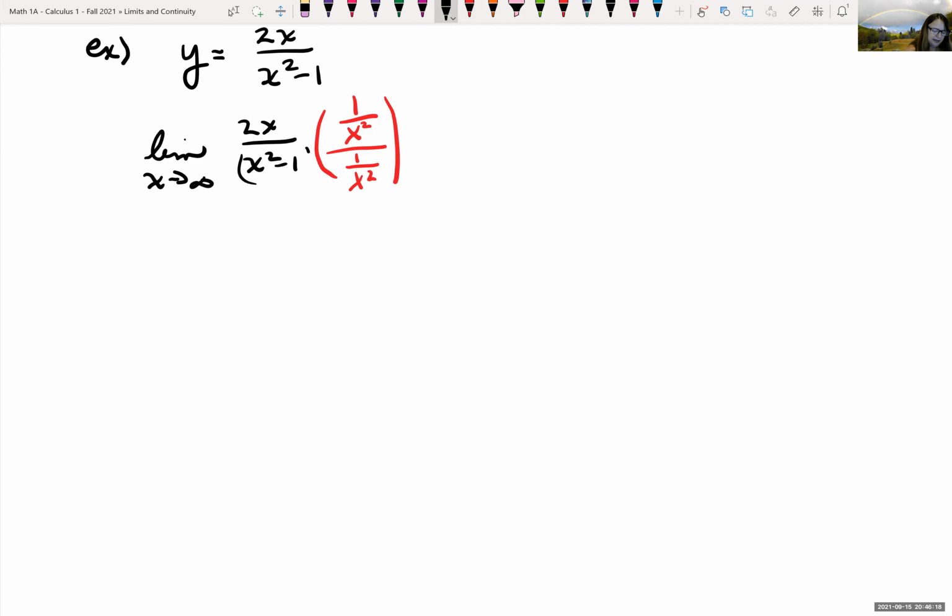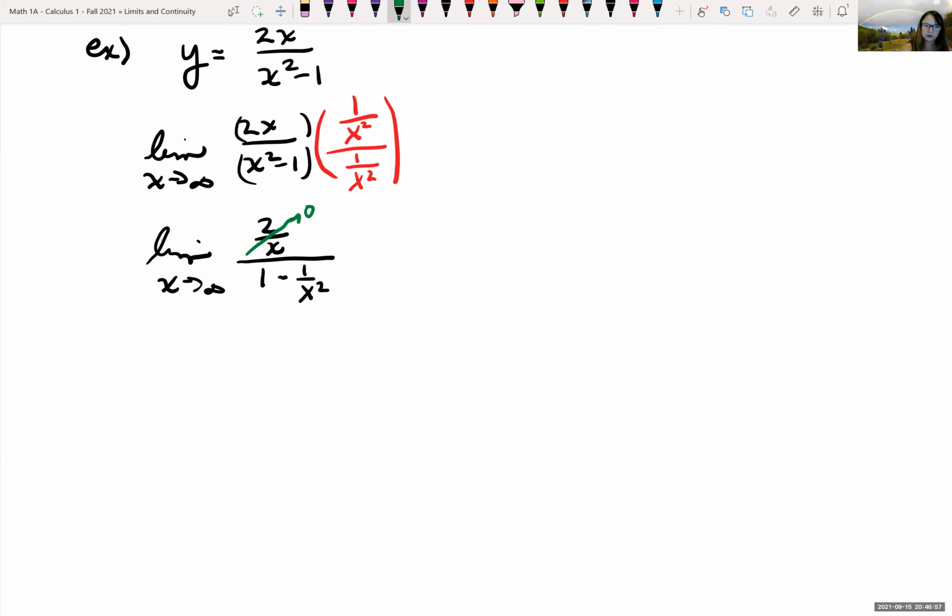And so doing that, distributing, we get the limit as x is approaching infinity. Well, 2x times 1 over x squared reduces to 2 over x, all over, distributing 1 over x squared to both terms in the denominator. So I have 1 over x squared times x squared is 1, minus 1 times 1 over x squared is 1 over x squared. And now a number over infinity goes to 0. So 2 over x, as x goes to infinity, goes to 0.